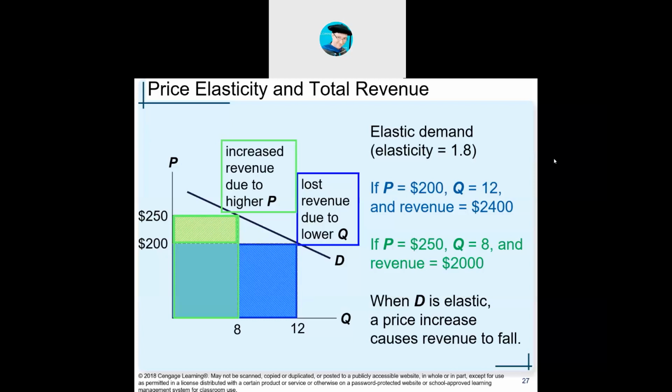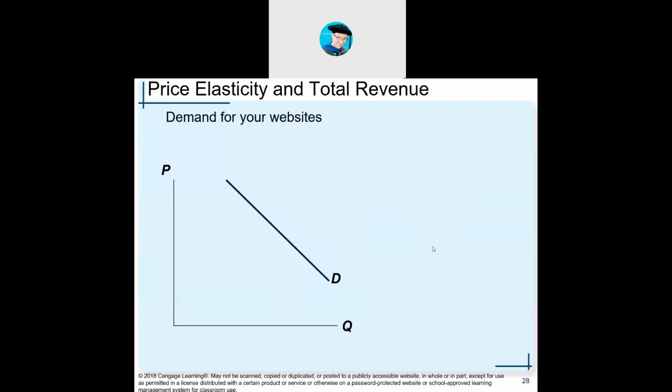They're not as sensitive at that price. At a higher price, they are more sensitive, which means I'll have a higher elasticity. So elasticity at 1.8, which is the average, is pretty good. It's right in between.